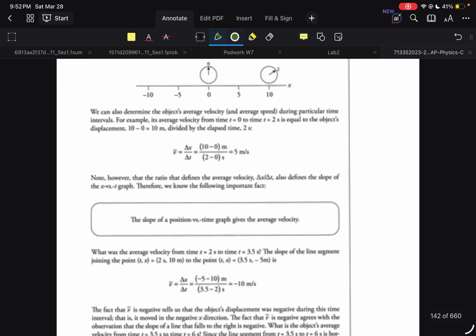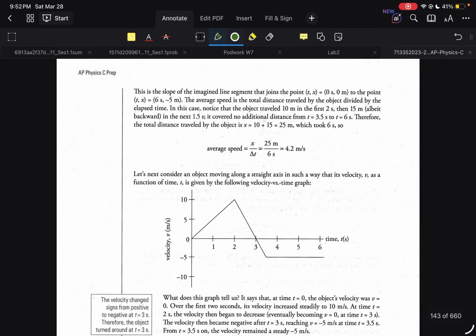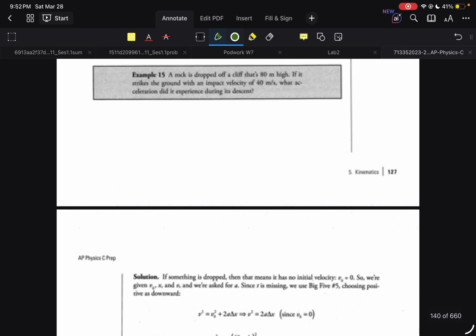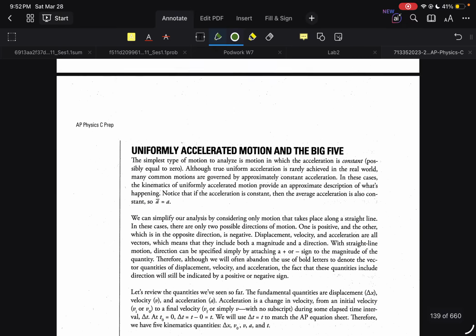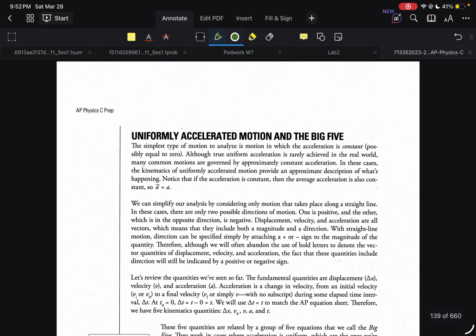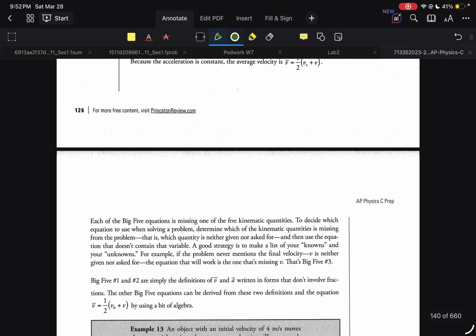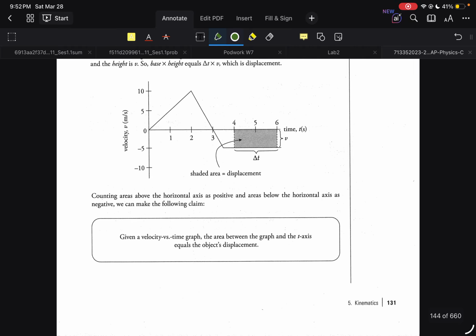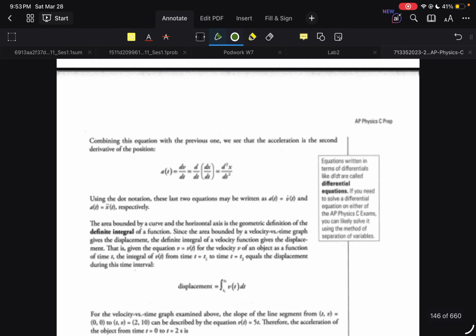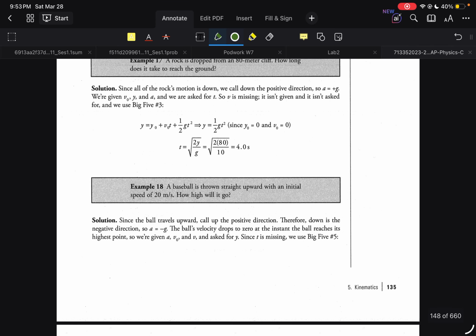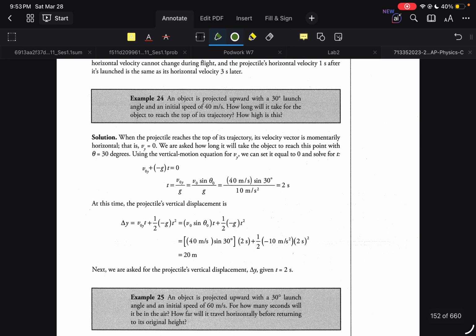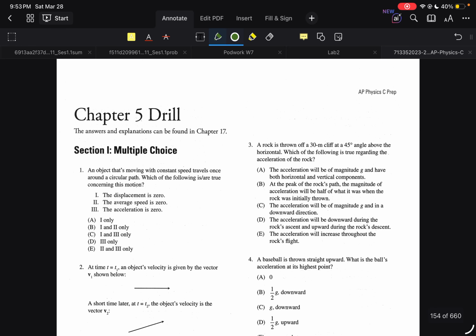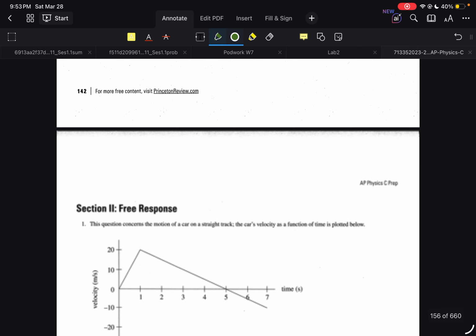Oh, how much more is this chapter, bro? What? Okay, wait. I don't remember what page you were on. This is page 126. We keep on going. It's 2D, bro. Keep on going.